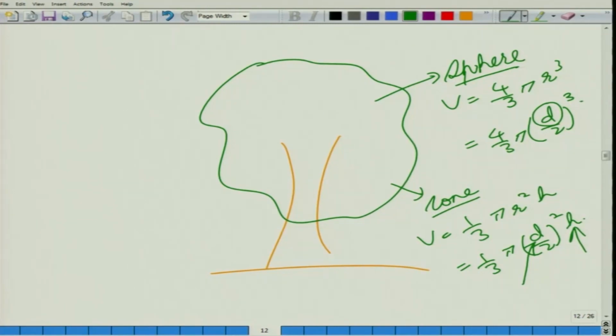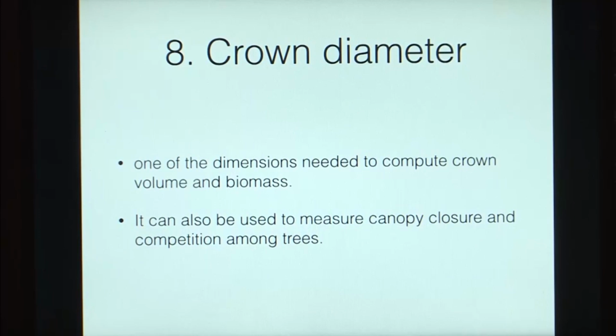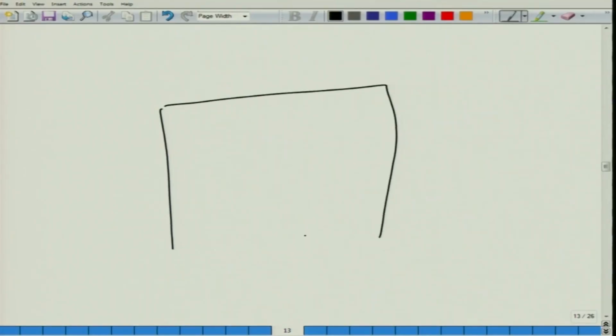So, now coming back to the slide, crown diameter is one of the dimensions that is needed to compute crown volume and biomass. It can also be used to measure canopy closure and competition among trees. So, for instance, suppose you have 4 trees in this area, so these are the stems, and let us consider the first diameter.